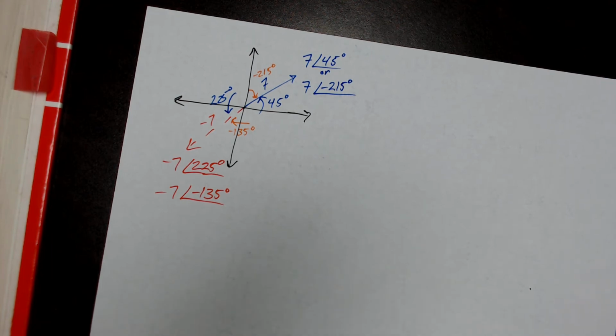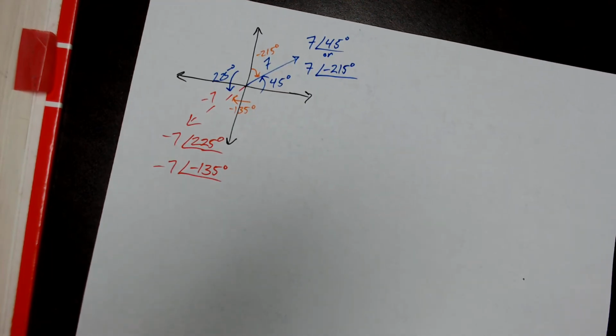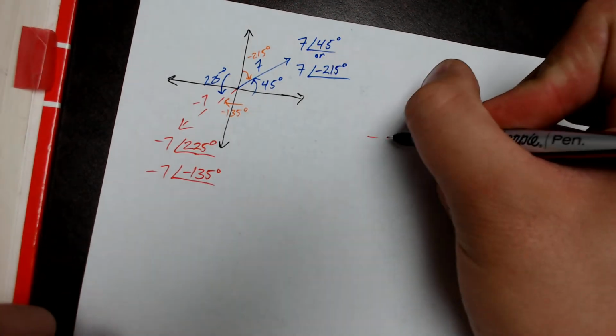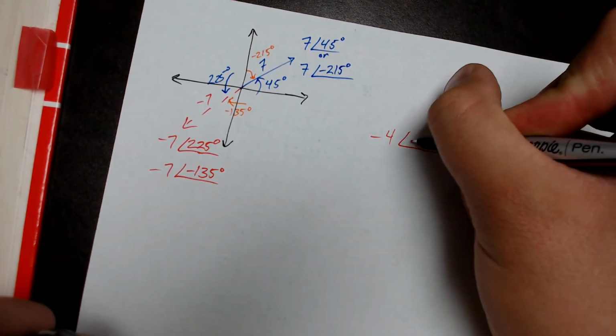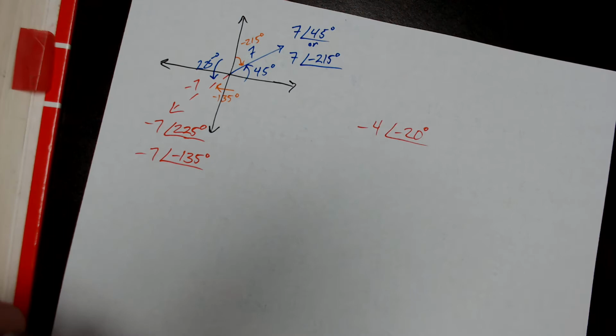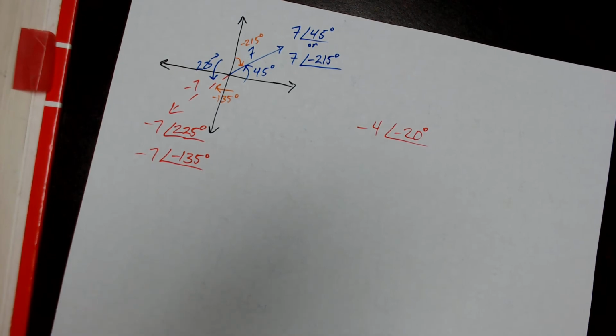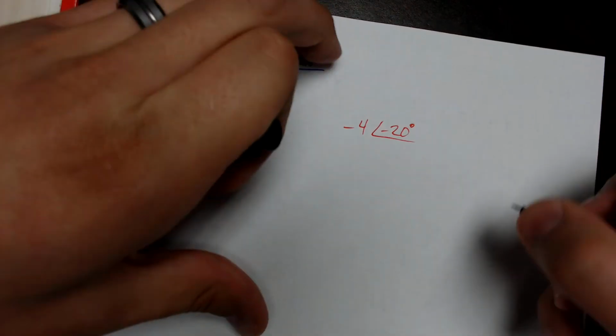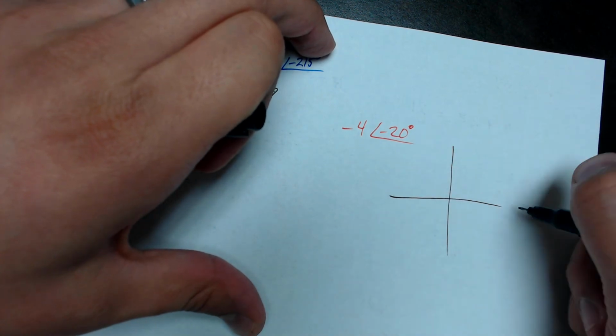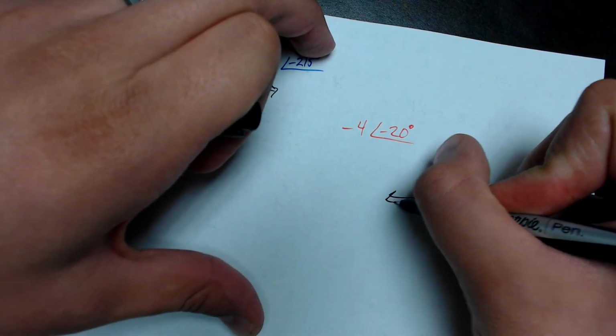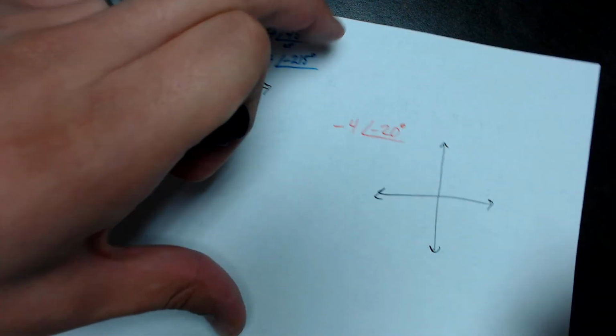So, if we're given a negative vector of negative 4 at an angle of negative 20 degrees, when we graph this, we have to realize that this negative vector is not what we're going to be adding. What we're actually going to be adding is the positive vector.